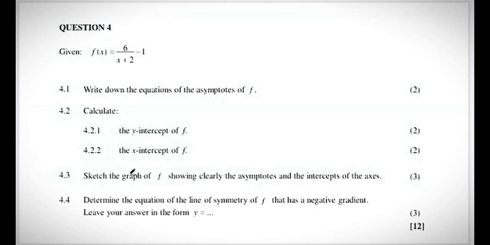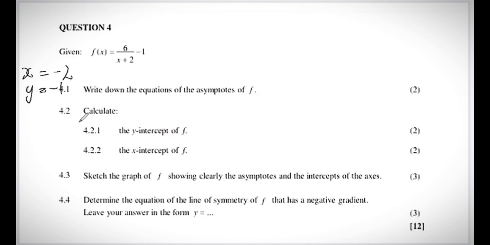Now, let's proceed to the next question. 4.3 says, sketch the graph of f showing clearly the asymptote and the intercept of the axis, right? So we know for that one, we need to gather up our information. So number one, we know that the equations of the asymptote were x is equals to negative 2 and also y is equals to negative 1.